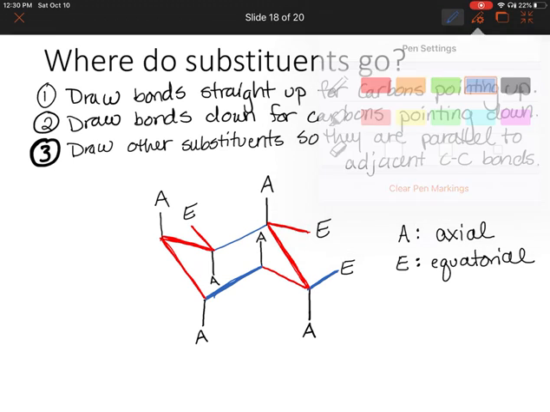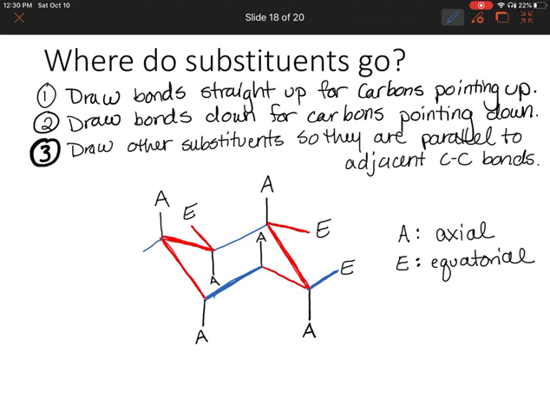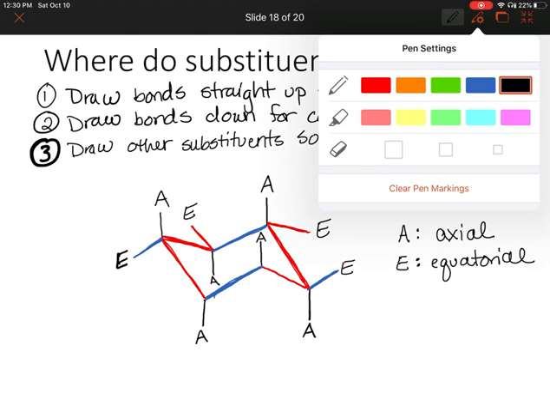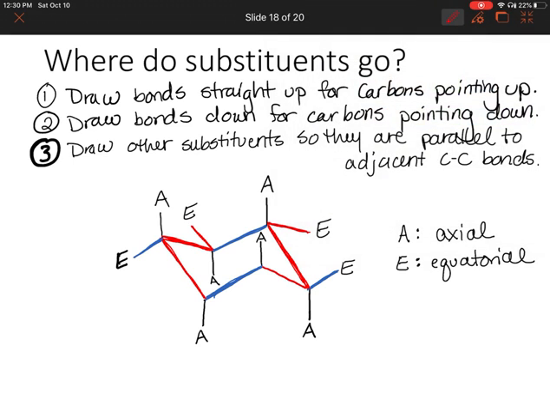Okay, and then the next one, we're going to draw this bond down parallel to two bonds over. So that's also an E, equatorial. And then finally, oh, I guess we have two more here. So the next carbon, we want that bond to point up and over, similar to two bonds away.